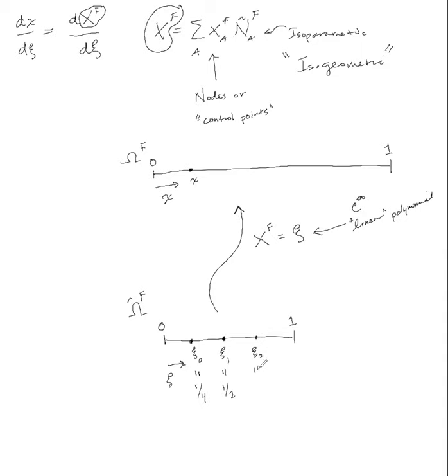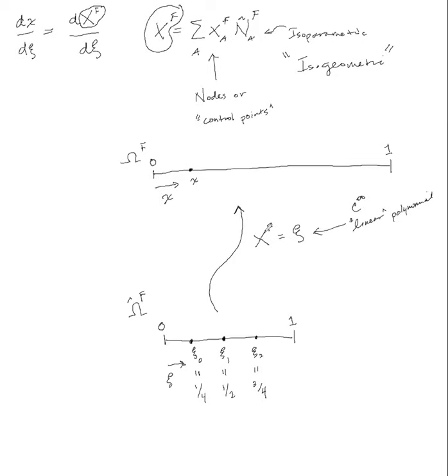Let's call this one 3/4. And let's watch how these points are mapped into the physical coordinates. This tells you a lot, because this mapping is very important in everything that we've been doing. So understanding its behavior is critical to understanding what our method is actually doing.